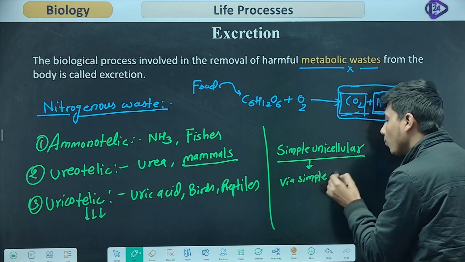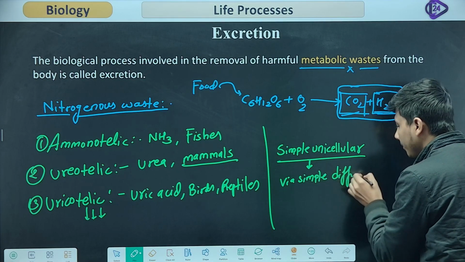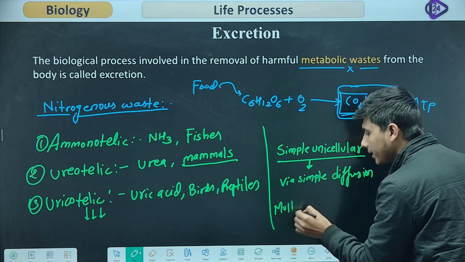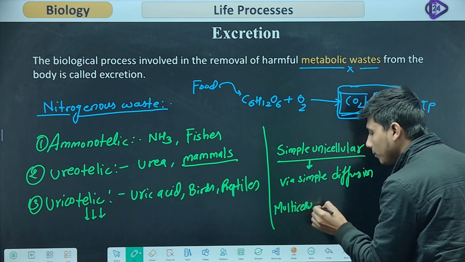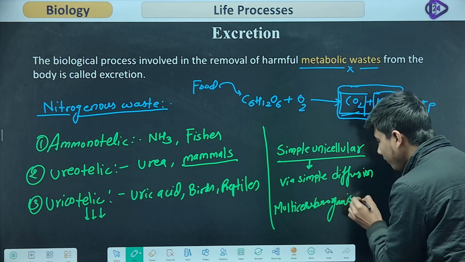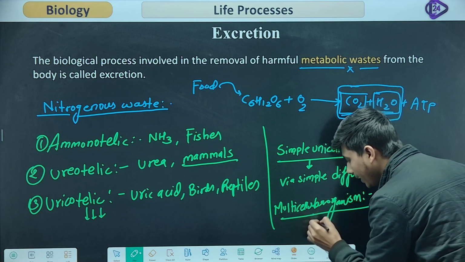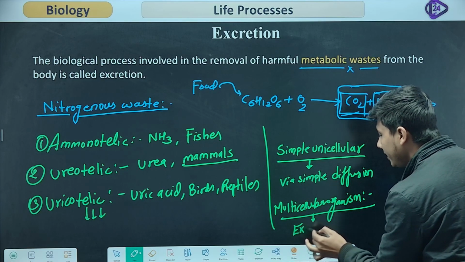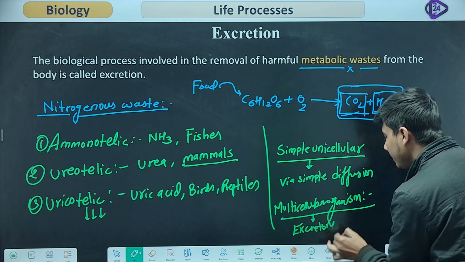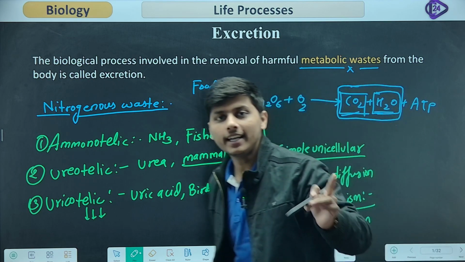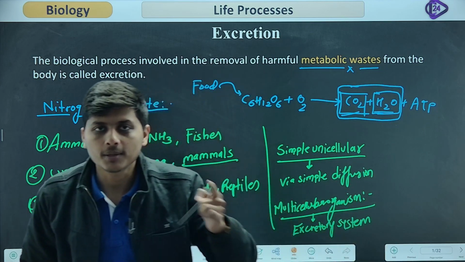In the case of multicellular organisms, we have an organ system level of organization, so we have a specific system called the excretory system. In humans, we have to study in detail the excretory system.